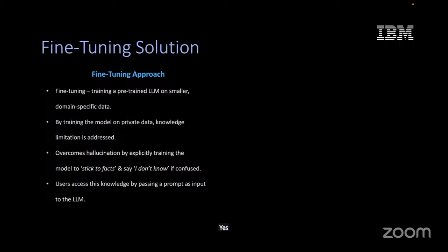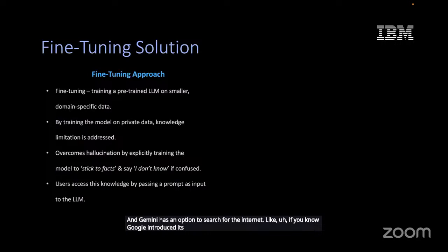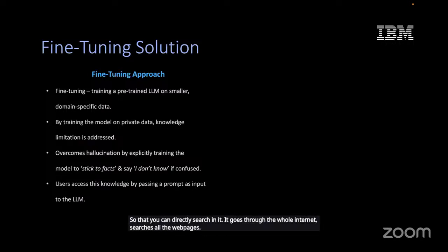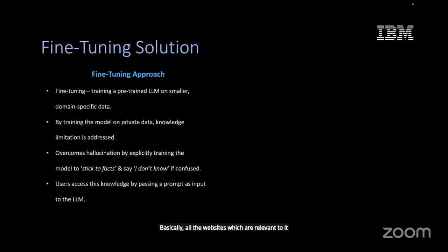But what about the models which use the whole internet? Like recently I used Gemini. Gemini has an option to search the internet. Like if you know, Google introduced its AI mode right now, so that you can directly search in it. It goes through the whole internet, searches all the web pages, basically all the websites which are relevant to it, and then finds a basic solution to it.